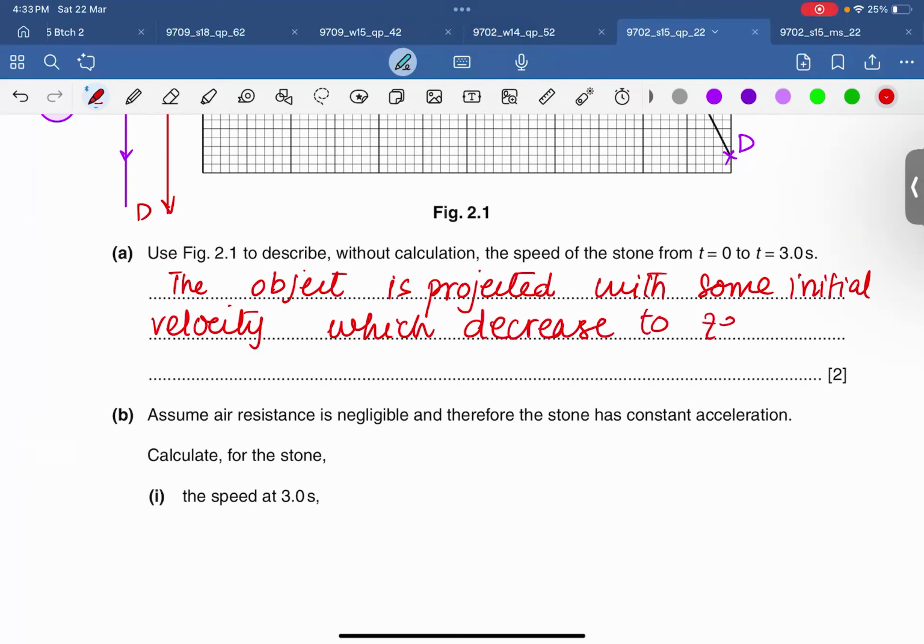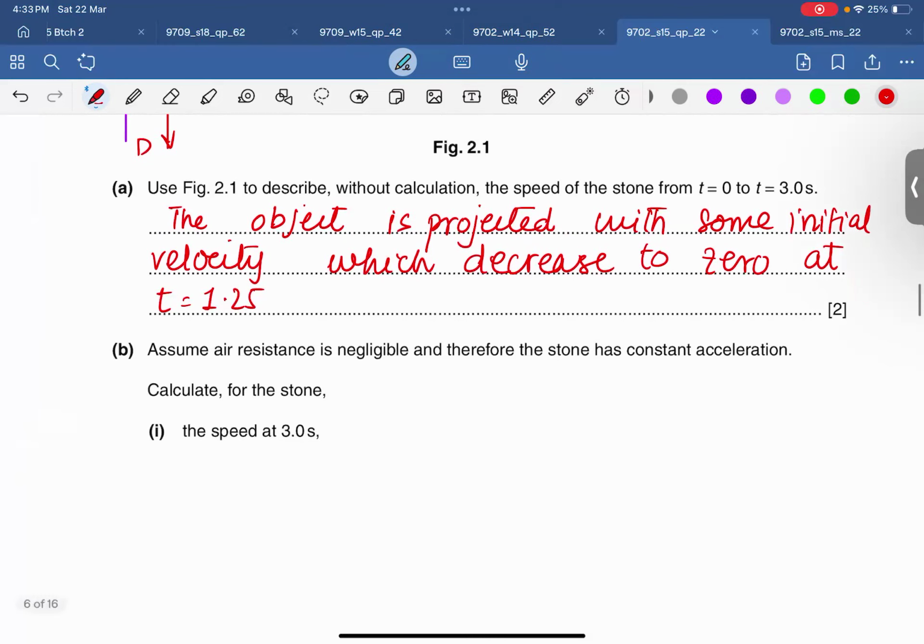You have to code the time as well. Okay, which decreases to zero at t equals 1.25 seconds, as the gradient is zero. Gradient is zero. सही हो गया.